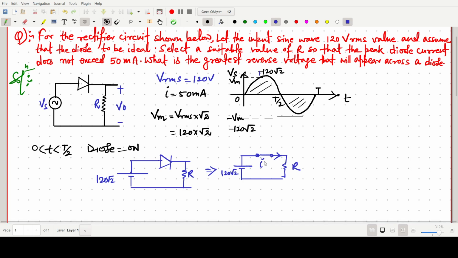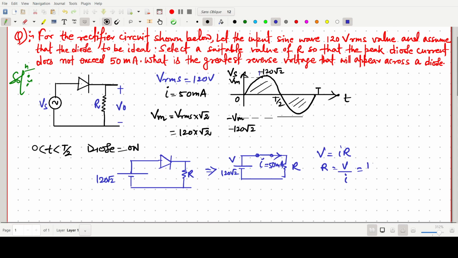And it is clearly given the I value will be 50 milliampere. So the value of R can be calculated very simply. V equals IR, or you can apply Kirchhoff's voltage law. So the R value will be V by I. The maximum voltage is basically 120 root 2. For simplicity, I'm just putting a DC. So it should be 120 root 2 divided by I, that is 50 milliampere, so 50 into 10 to power minus 3.